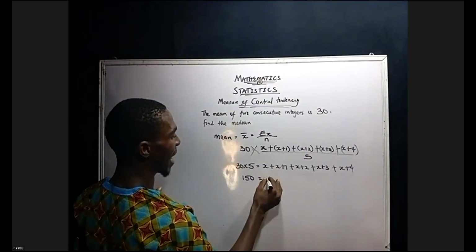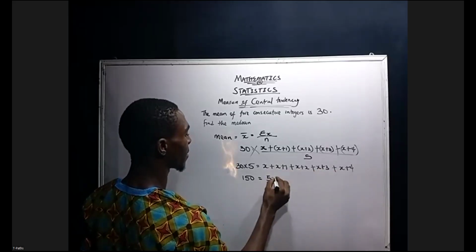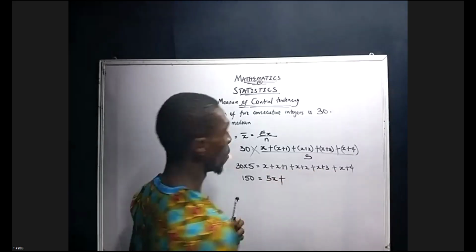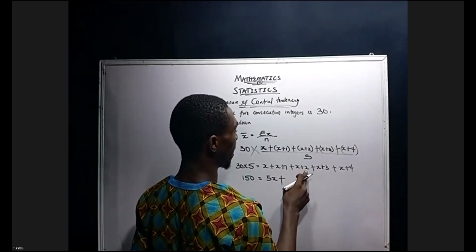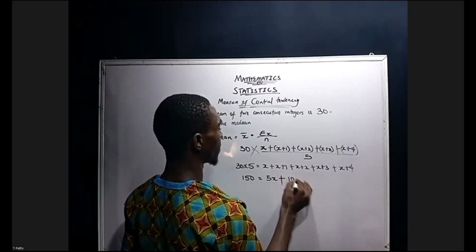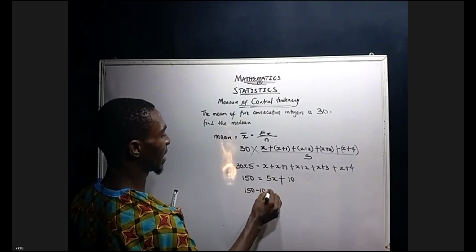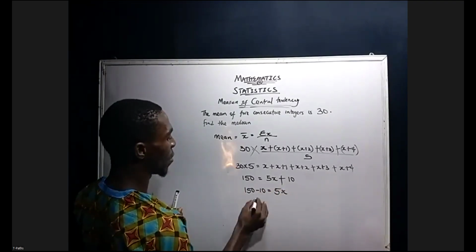Collect like terms of the x: 1, 2, 3, 4, 5, so 5x plus 1 plus 2, 3, plus 3, 6, plus 4, 10. So 150 minus 10 equals 5x.